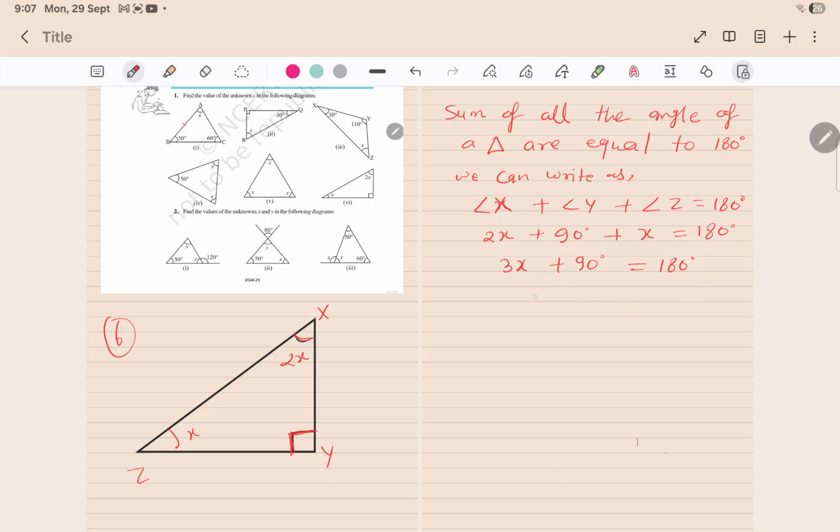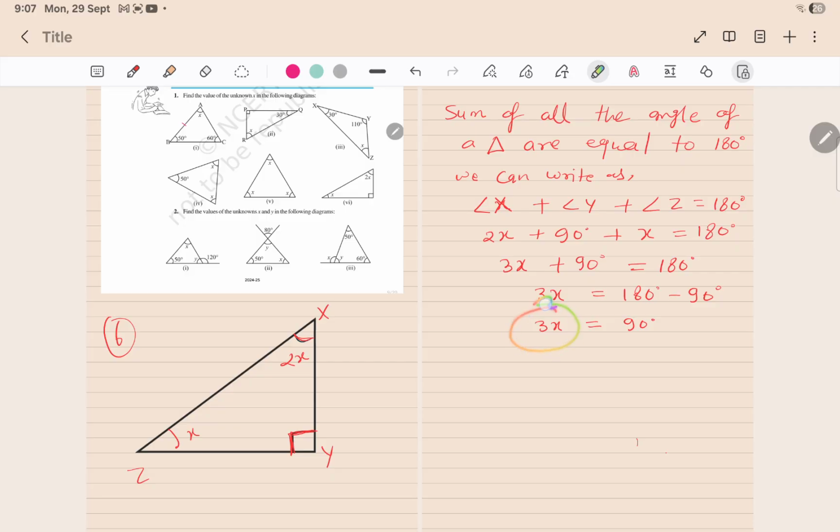So 3x equals 180 degrees minus 90 degrees, which gives 3x equals 90 degrees.